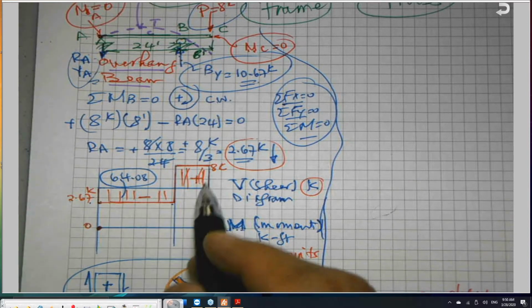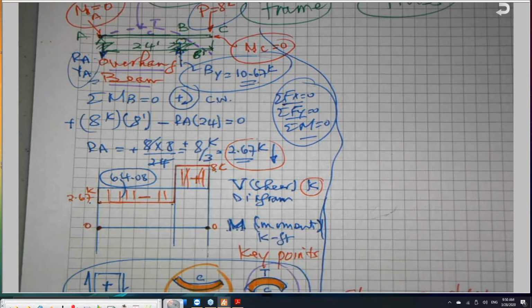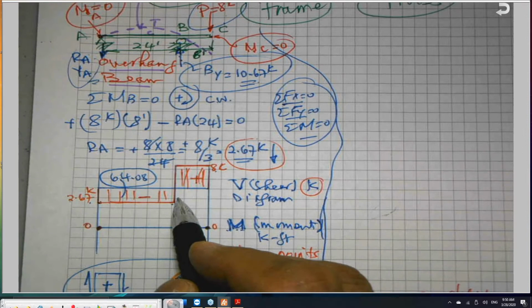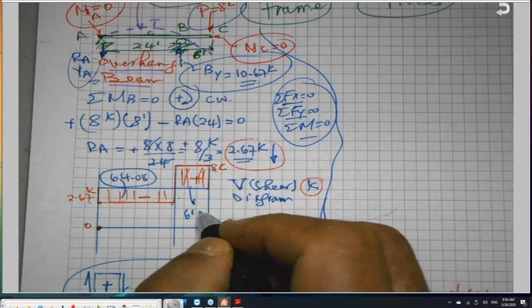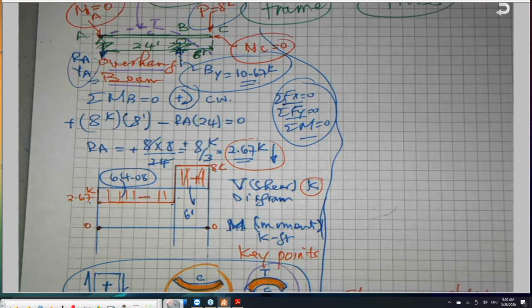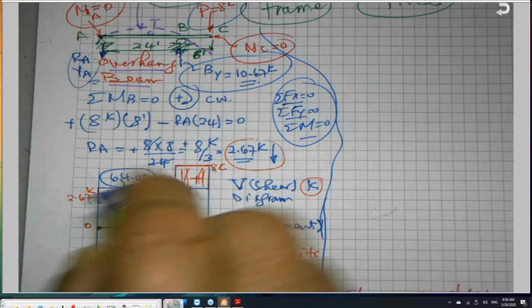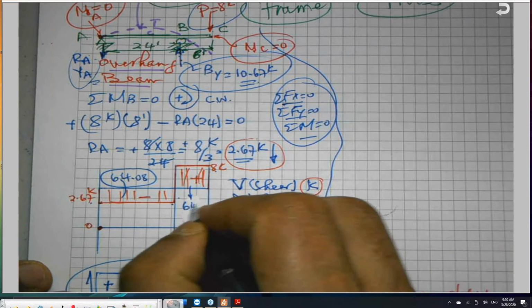If you look to this 8, and this distance is 8, you will find this area is also 64. Let me move this a little bit so it will not bother me here. This area is also 64.